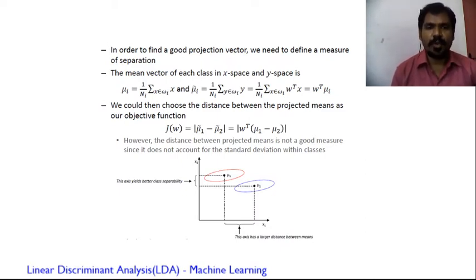Then we compute for x and y space, and we choose the distance between the projected means as our objective function, that is g of w, which is equal to the difference between both the means that we computed.